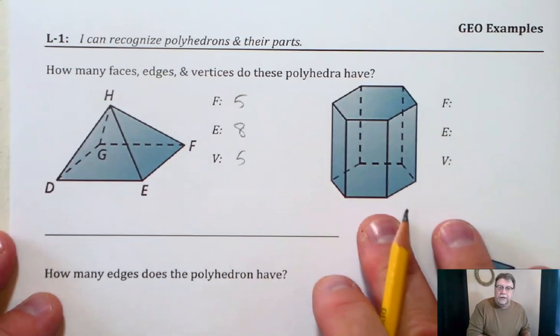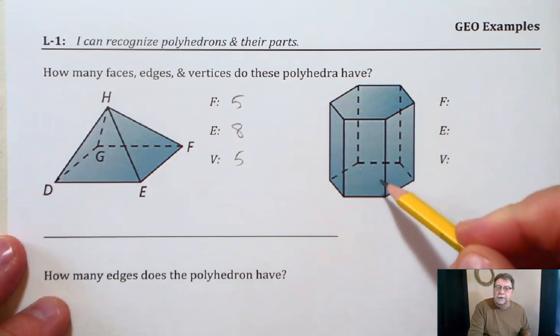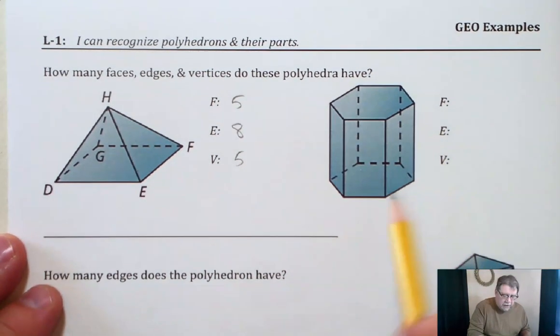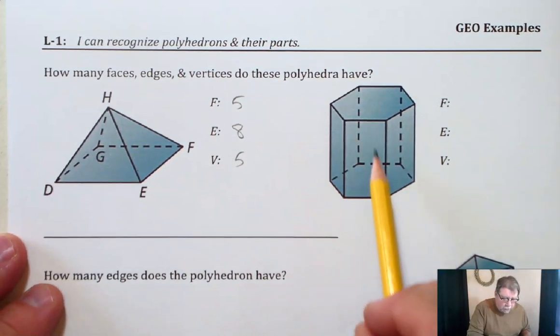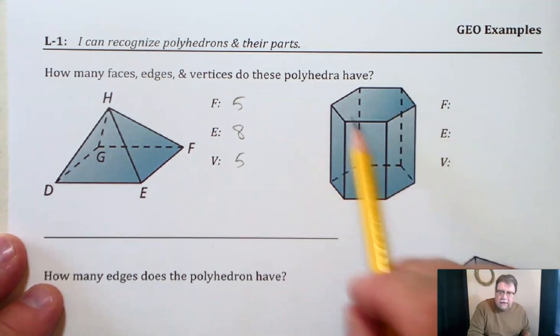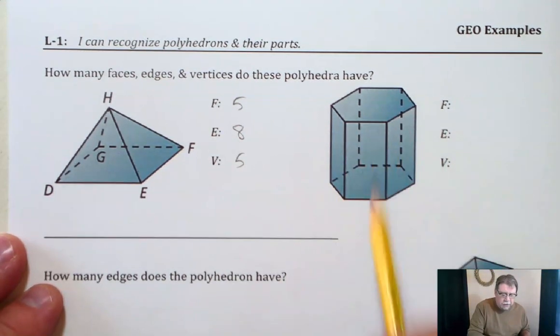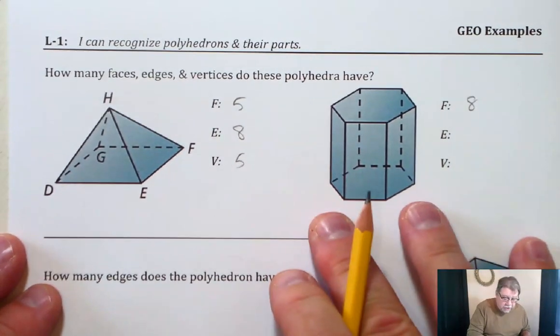Over here, we can look at this prism, and we can find the number of faces. Well, we have the top and the bottom, which would be 2 faces. Those are called the bases. And then we have what's called the lateral faces, which are all rectangles. We've got 1, 2, 3, 4, 5, 6 of those, 1 for each side of the base. So 6 of those and 2 bases make 8 faces. Now, there's a lot of edges here.